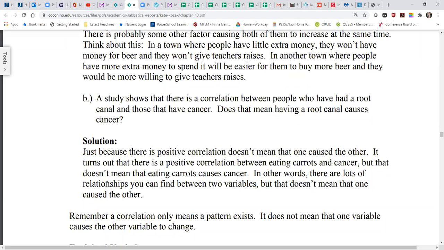It turned out that there is a positive correlation between eating carrots and cancer, but that doesn't mean that eating carrots causes cancer. In other words, there are lots of relationships you can find between two variables, but that doesn't mean that one causes the other.